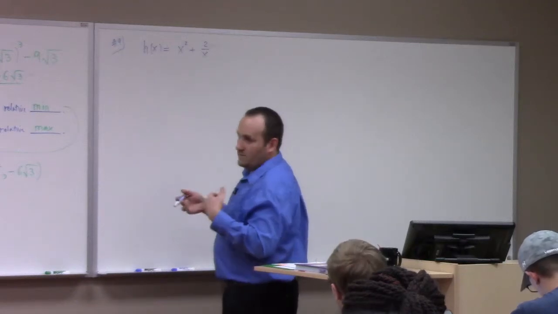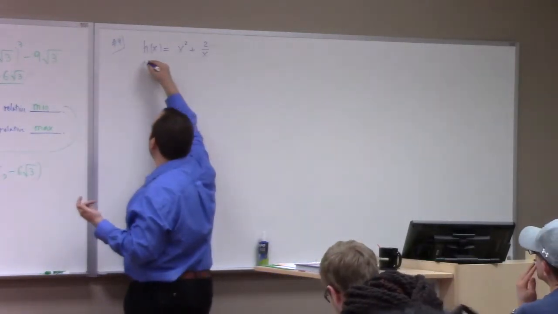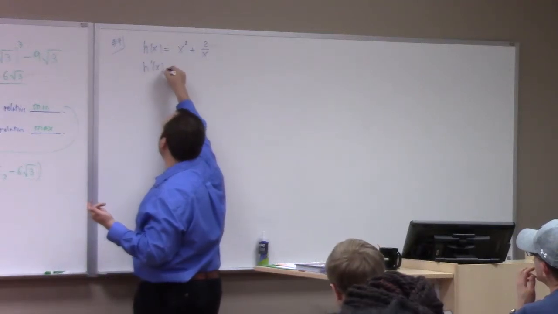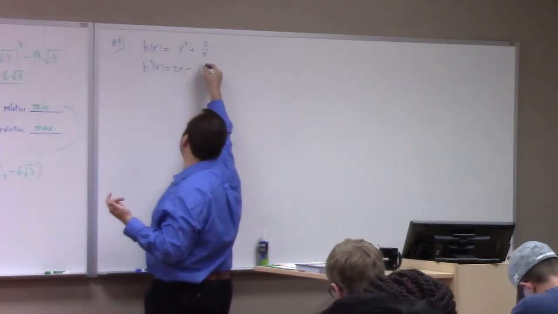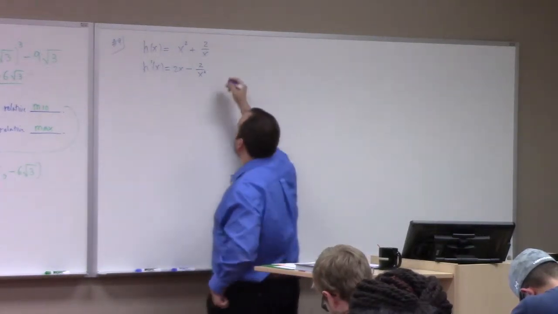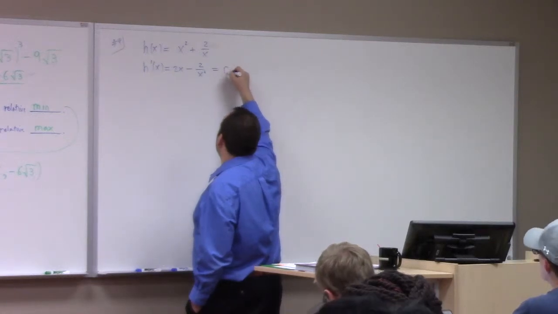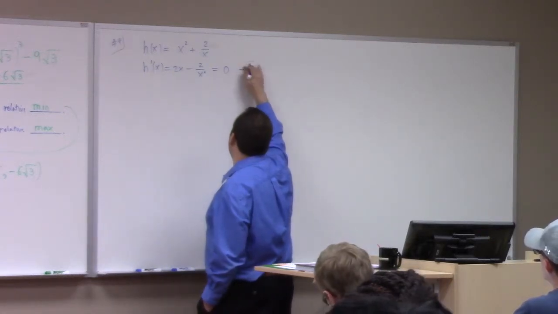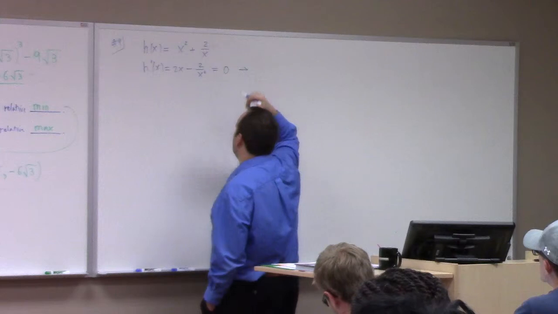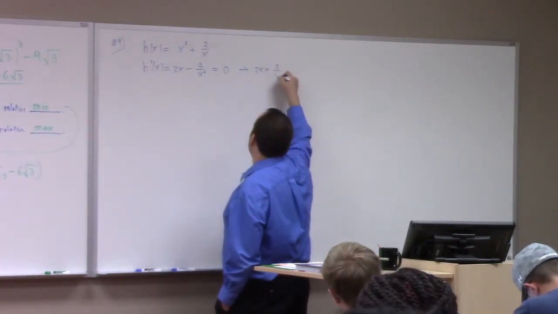So we're supposed to find relative min-max, use second derivative if applicable. So first order of business, find the critical points. Now, if I set this equal to 0, what's that tell me? 2x is equal to 2 over x squared, right?